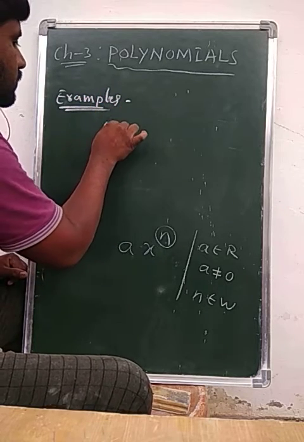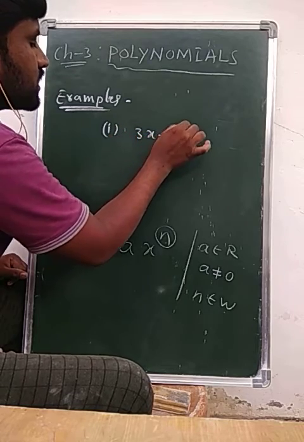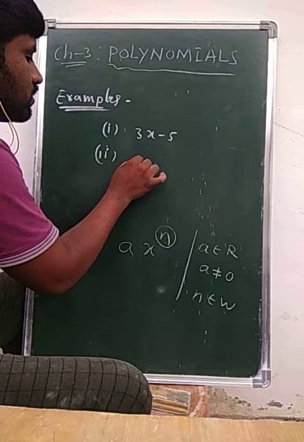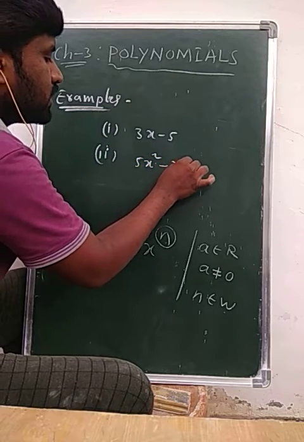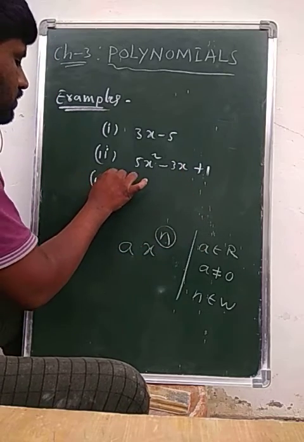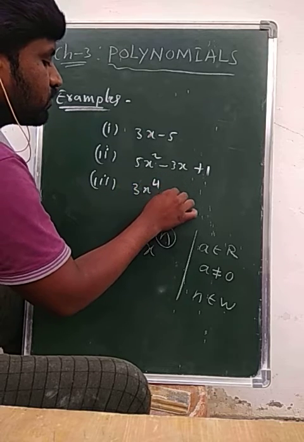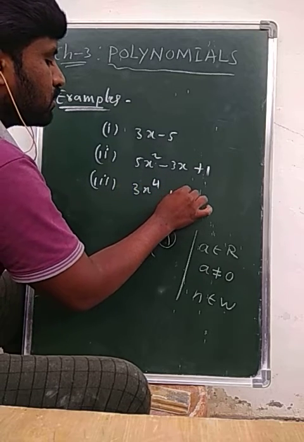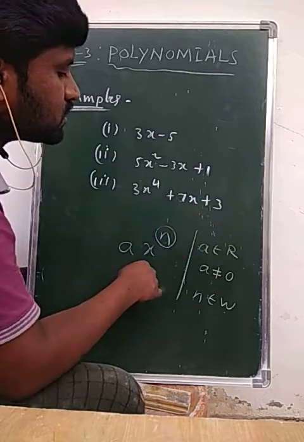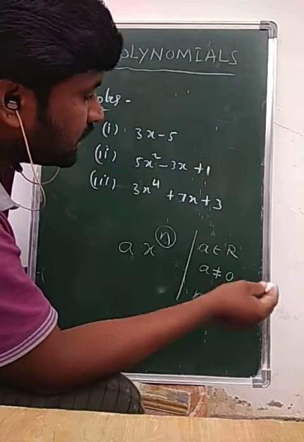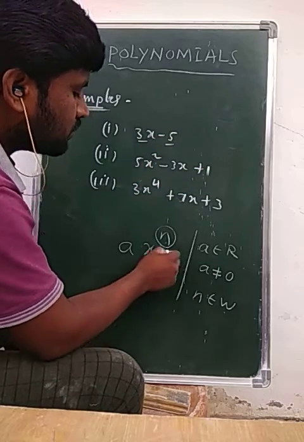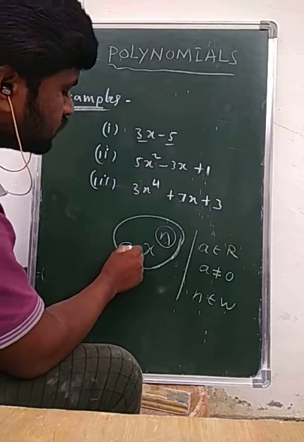Examples: 3x minus 5, it is a polynomial. 5x square minus 3x plus 1, it is also a polynomial. 3x to the power of 4 plus 7x plus 3, it is also a polynomial. So every term of a polynomial should be in the form of a x power n. A should be a real number.